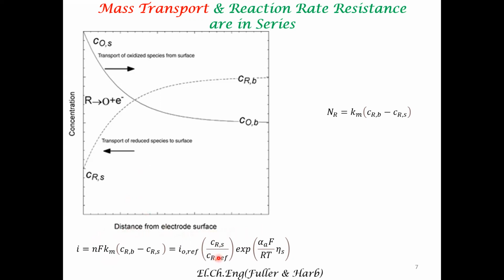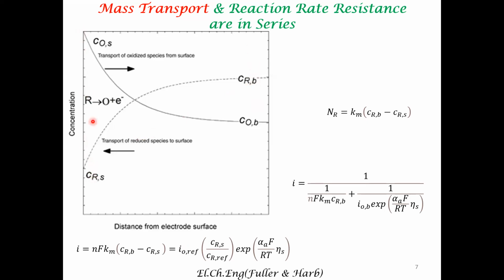Just to make the analysis easier, we take the reference quantity to be the bulk concentration. Okay, so you need some reference concentration, and you take that to be the bulk concentration. Because the concentration on the electrode surface is a hard-to-measure quantity, what is more easily measured or calibrated are these two quantities.